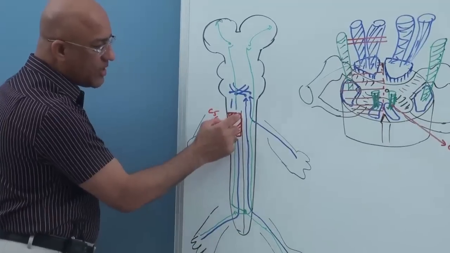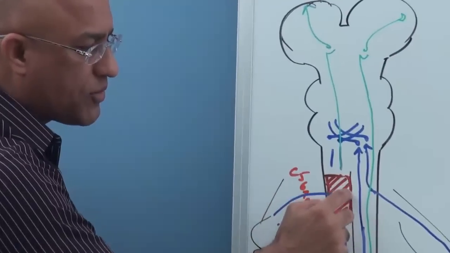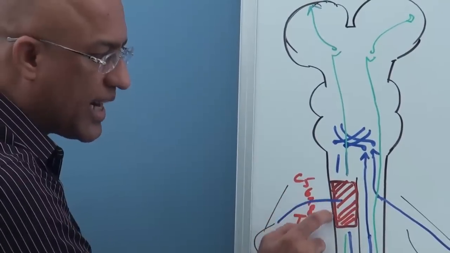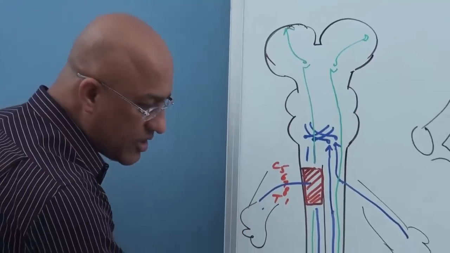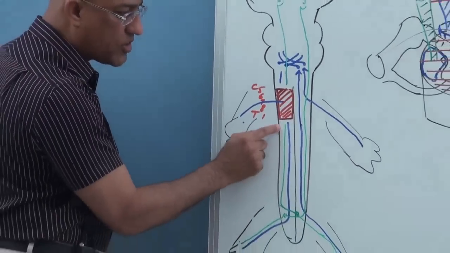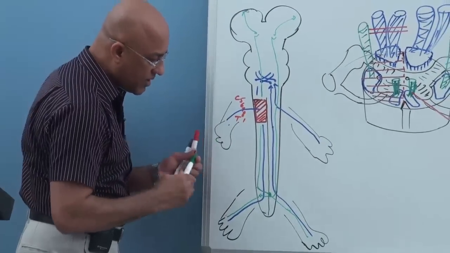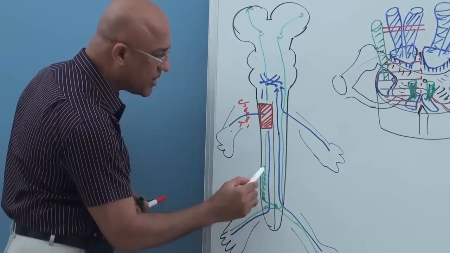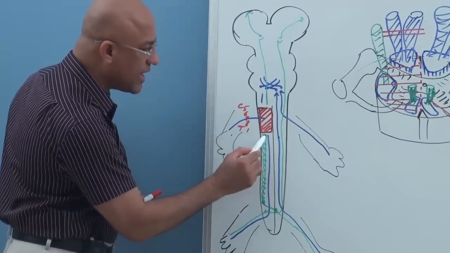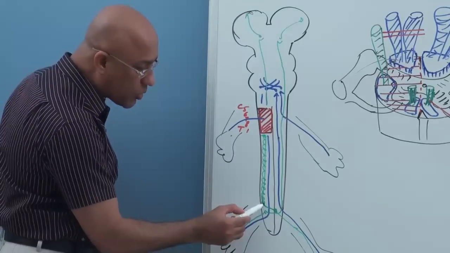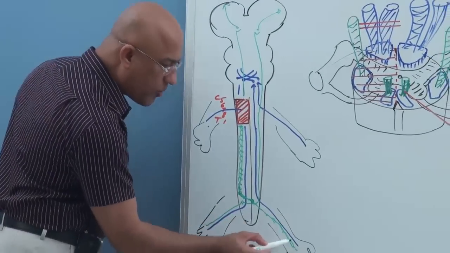So when there is a lesion on half of spinal cord, hemisection on the right side, right spinothalamic system is damaged. These are the right spinothalamic ascending fibers damaged here. But these fibers are originally coming from the opposite side.